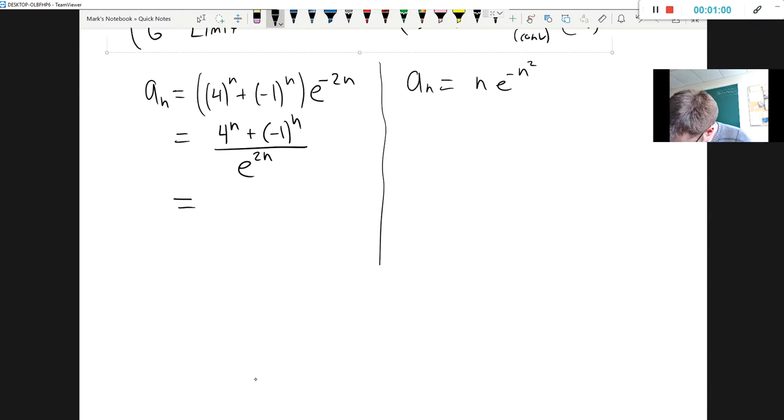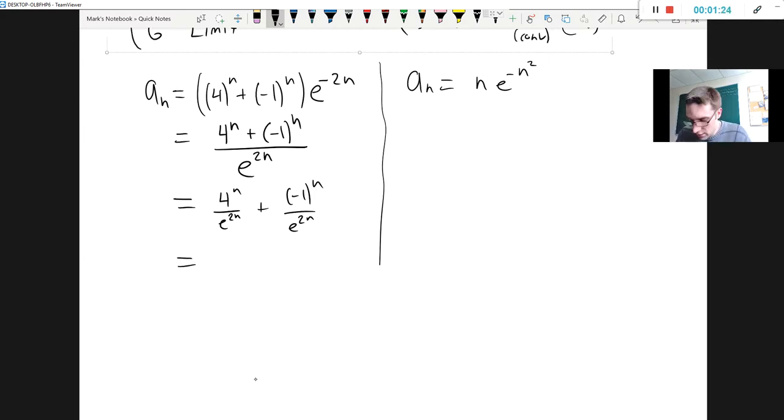If we wanted to split it up into two fractions, we could have 4 to the n over e to the 2n plus minus 1 to the n over e to the 2n. Since both of the denominators have this form e to the 2n and the numerators have an nth power, it's starting to look a little bit like something geometric.